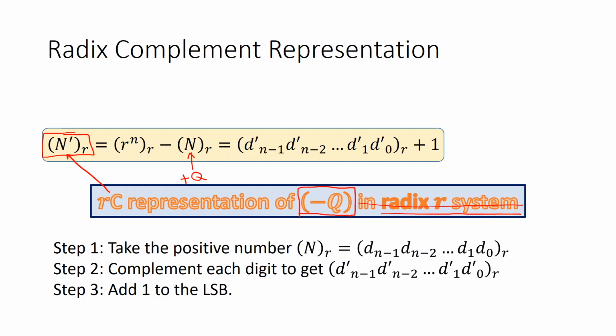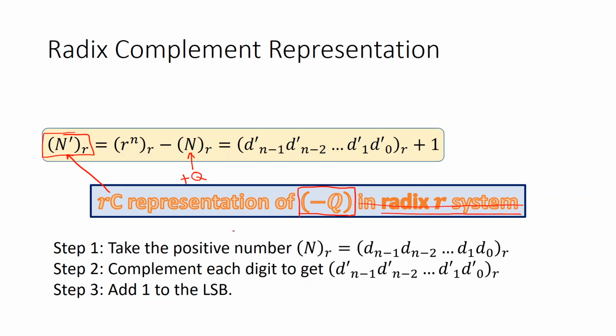We assign the complement number as the complement representation of minus q. So if you have a number n which is the complement representation of plus q, then n dashed, which is the complement of n, is the complement representation of minus q.